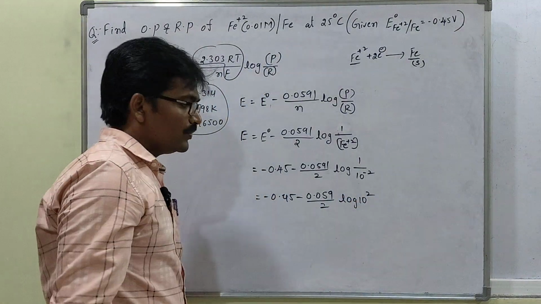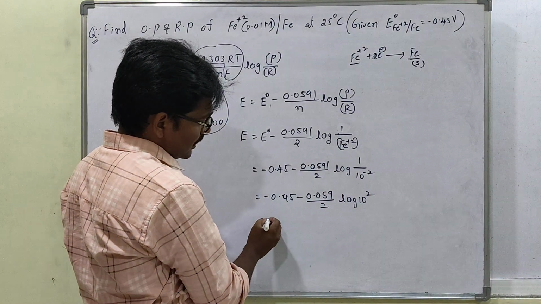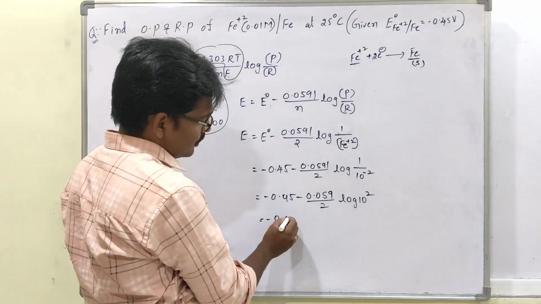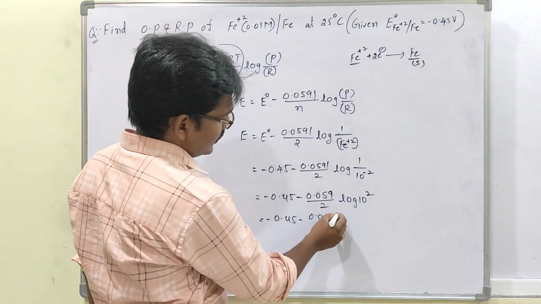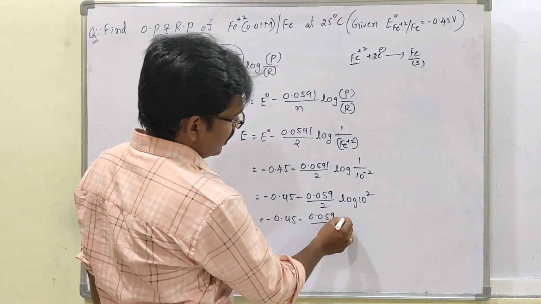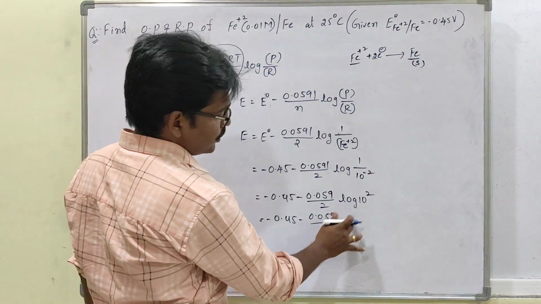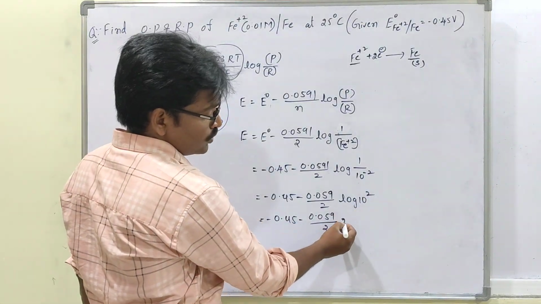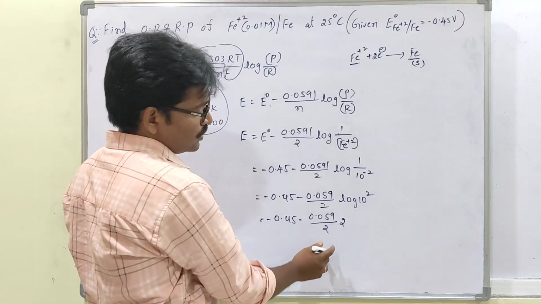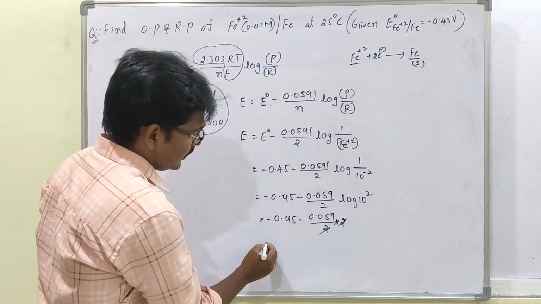Log 10 to the power of 2 is 2 log 10, which is 1. So that multiplied by 2 cancels, then 0.059.